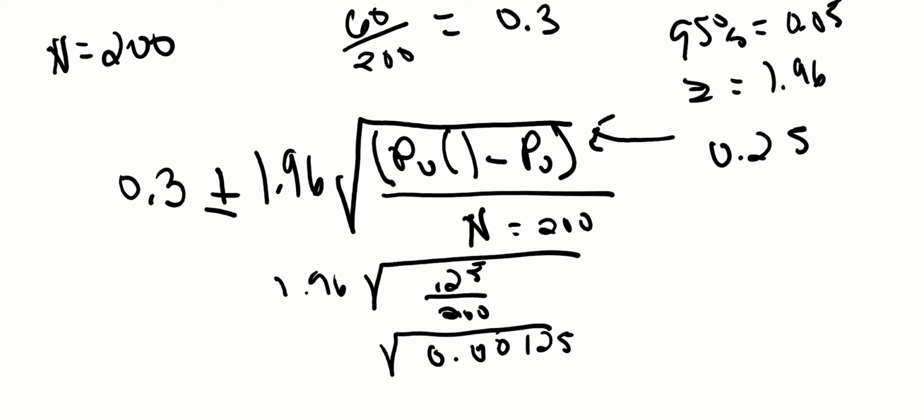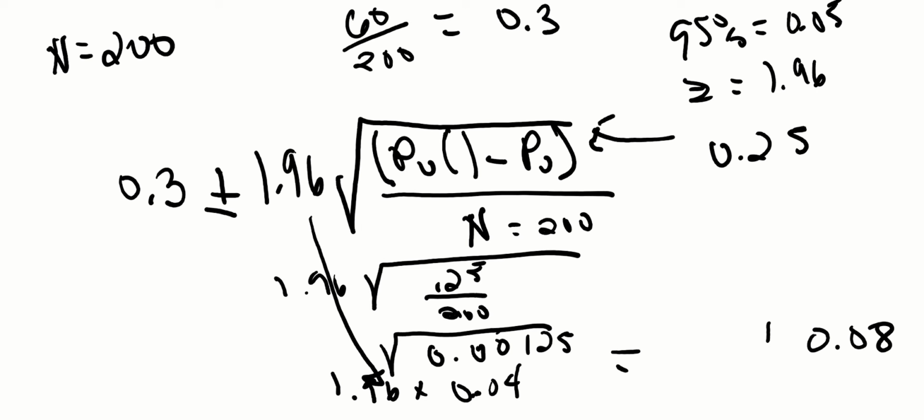And we take the square root of that, that's going to give us 0.04. So we'll just bring this down, and that's 1.96 times 0.04, which will give us 0.08.